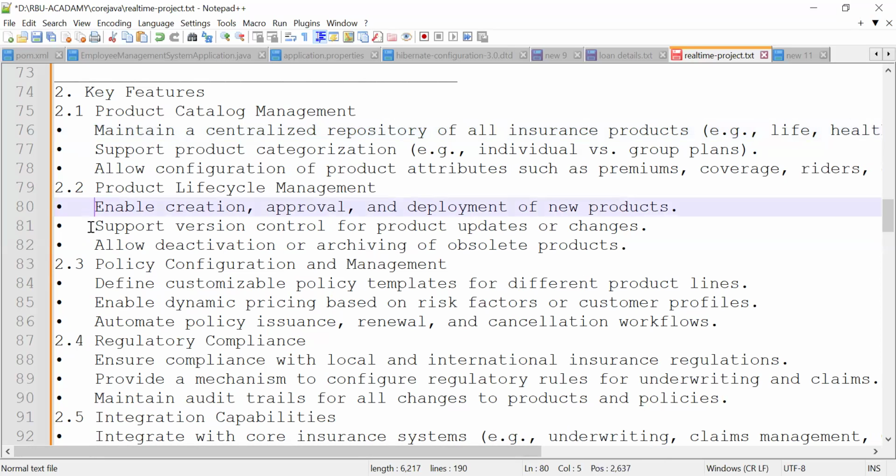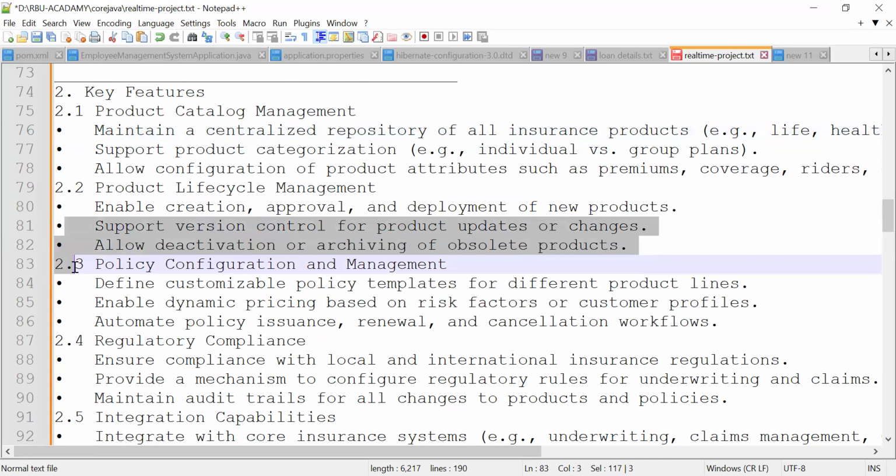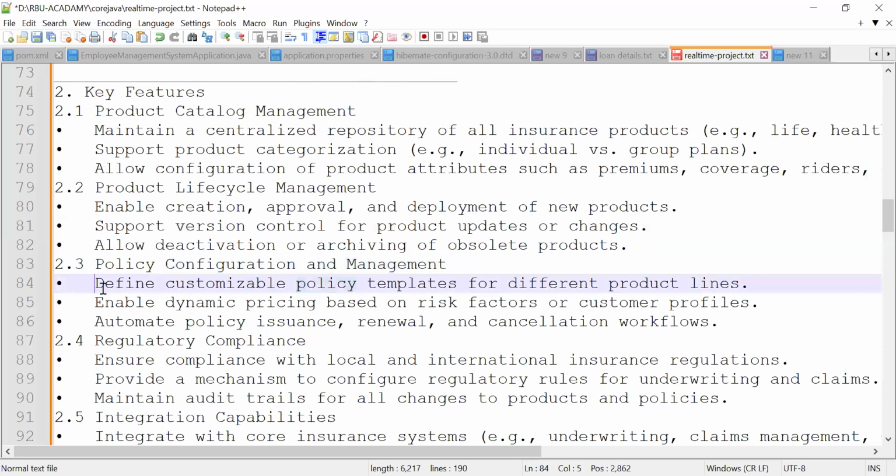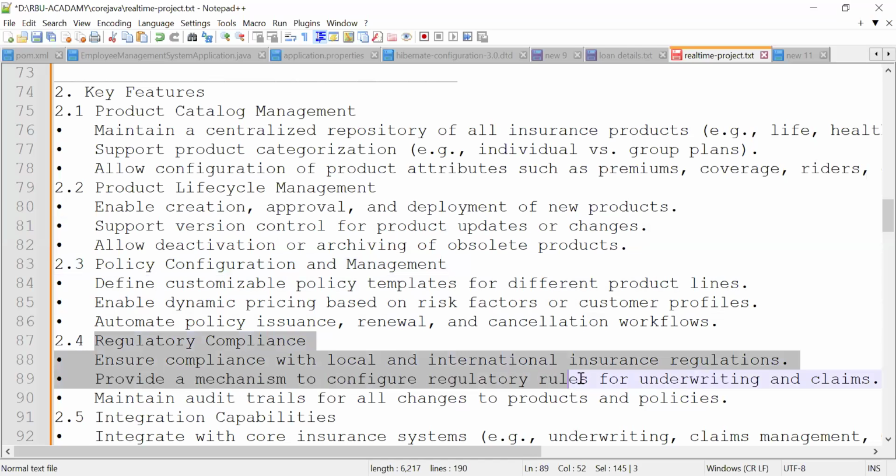Then creation of product, approval, deployment of new products, supporting version control, allow deprecation, archiving of obsolete products, removing the old products, policy configuration. Regulatory compliance: ensure compliance with local and international insurance regulations, provide a mechanism to configure regulatory rules. You have to follow rules and regulations.